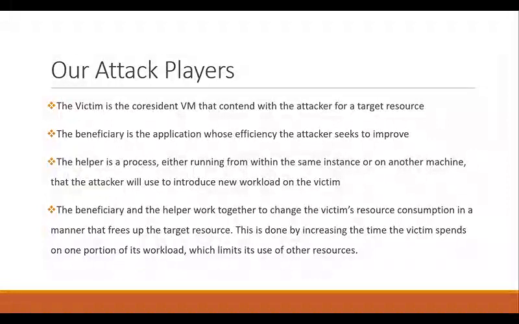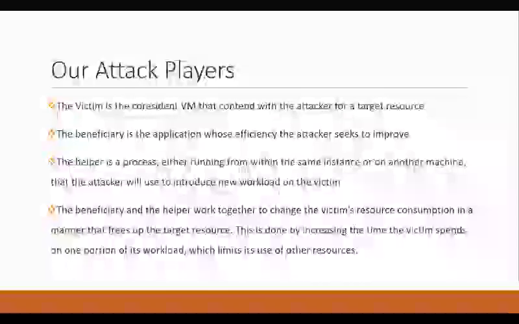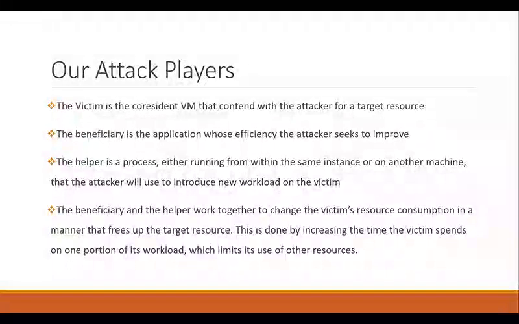So our attack will consist of three parts. The first part is the victim, which is the machine whose resources we will be trying to consume. The second is the beneficiary, which is the greedy user or the greedy machine that wants to use someone else's resources, and the helper.